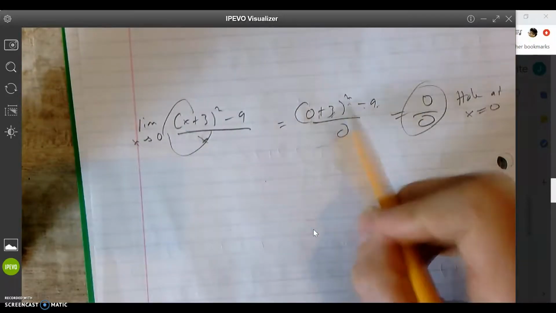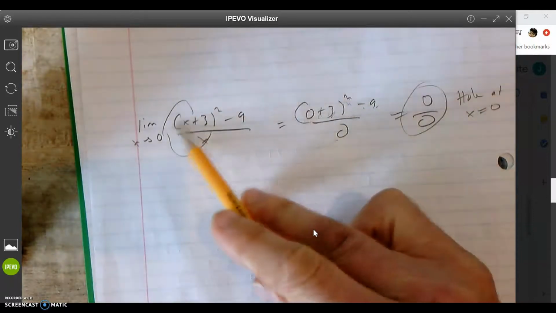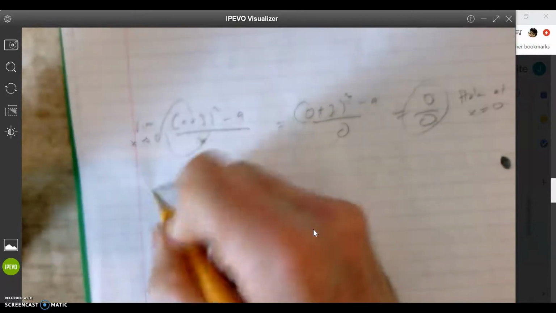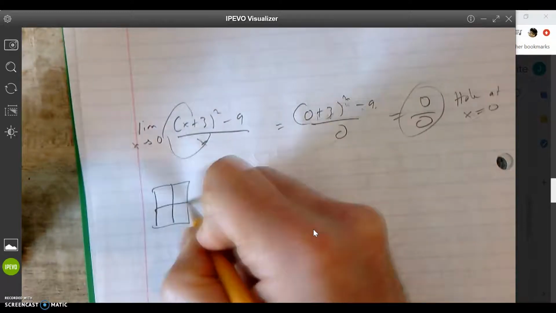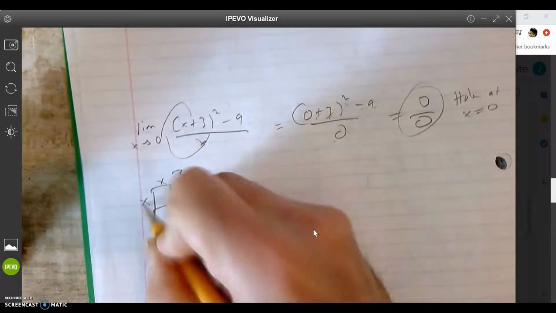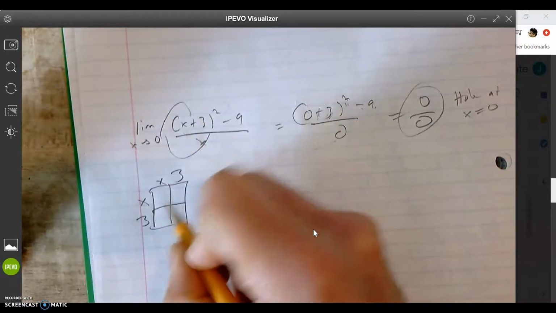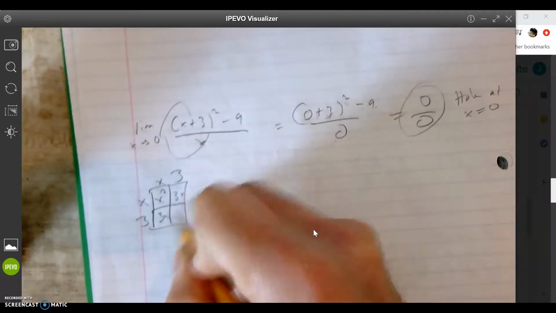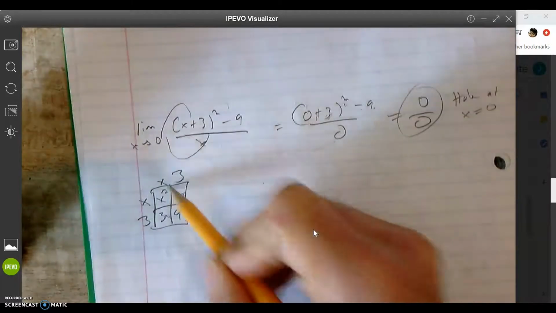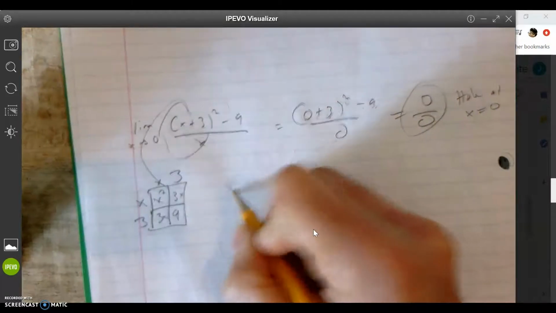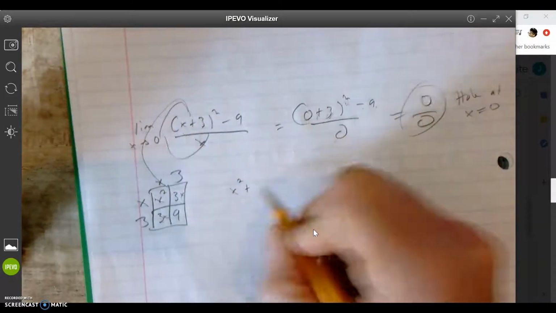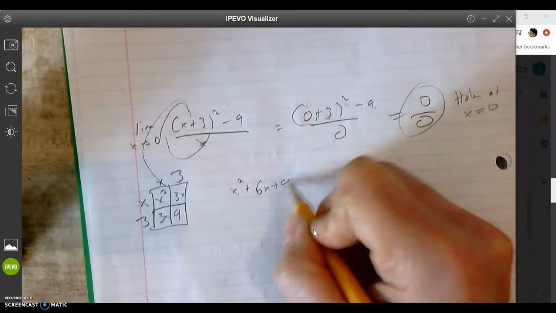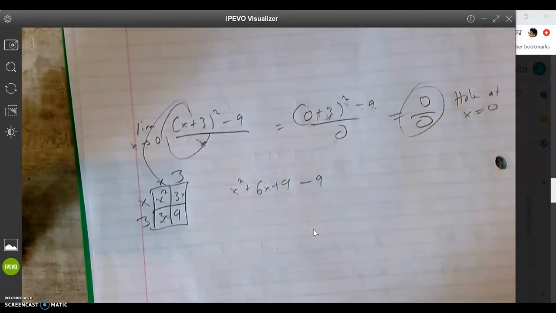That's what we have to figure out. So factoring isn't really going to do much here, but I can do the box method. x, 3, x, 3. So that's going to be x squared, 3x, 3x, and 9. And so now this is x squared plus 6x plus 9 minus 9.